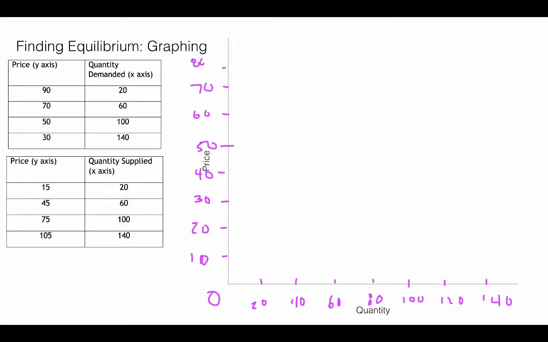I'm going to be tight on room up top, in fact I'm not going to have room, so we'll go by 15s. Let me erase that real quick. Now I'm at the top there.